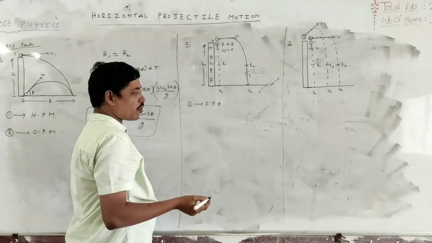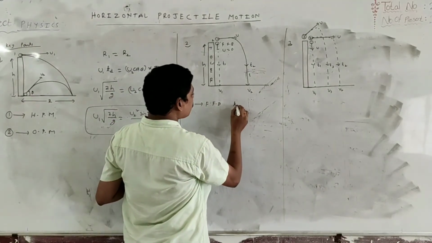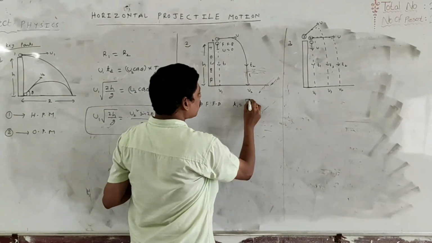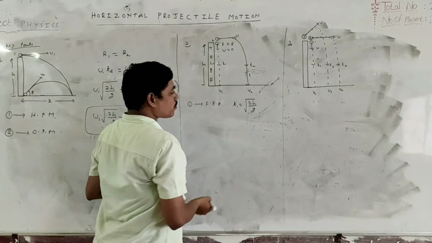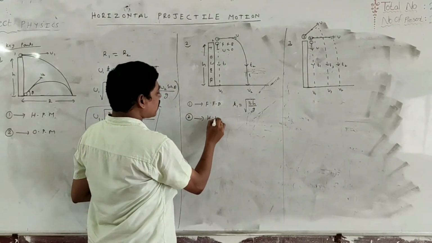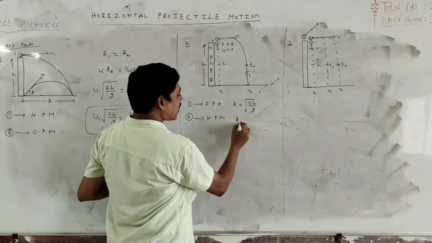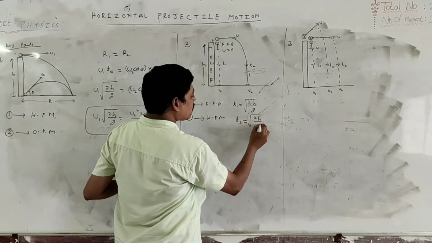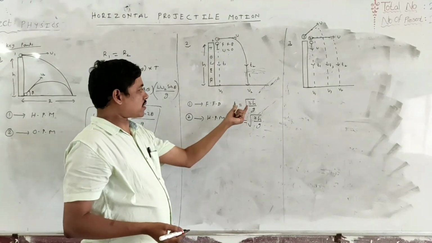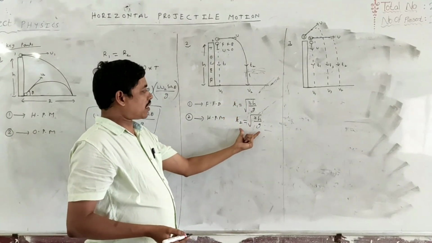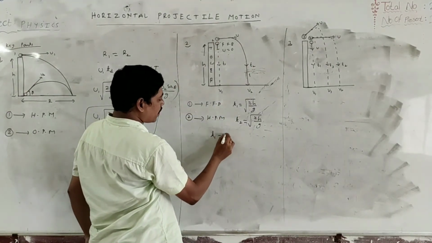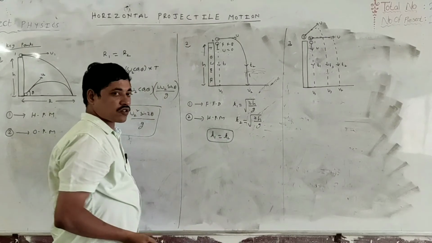In the freely falling body, the time t1 is equal to under root 2h by g. And in the second case, the horizontal projectile motion, the time is also the same, the time of descent. In both cases it will be the time of descent, equal to under root 2h by g. So in this problem the times will be equal.